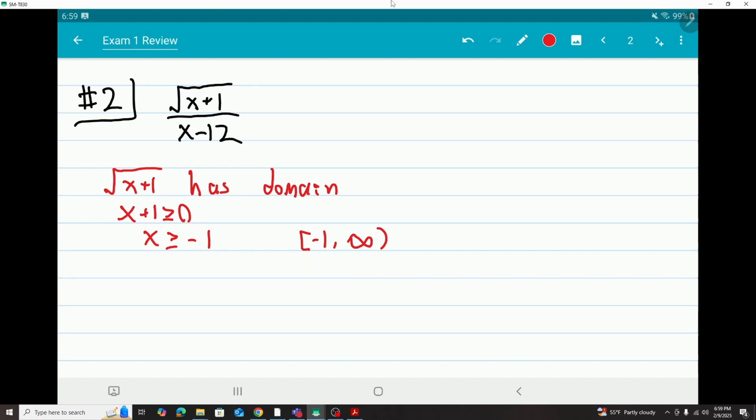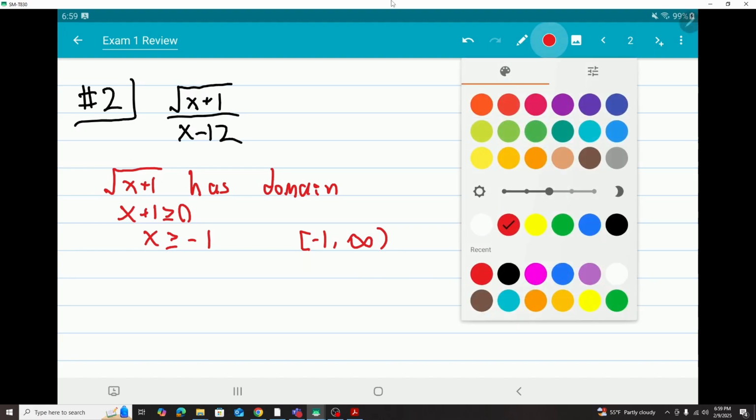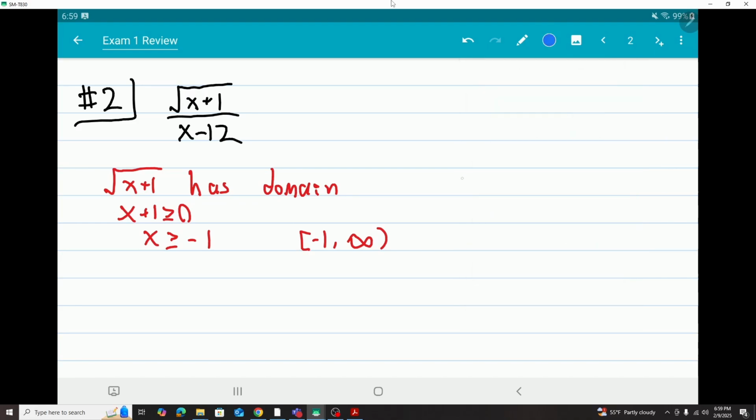All right. And then if I'm looking at the denominator, x minus 12, on its own, so you might be noticing we don't want to plug 12 into the function. But as a function itself, this guy has domain minus infinity to infinity.